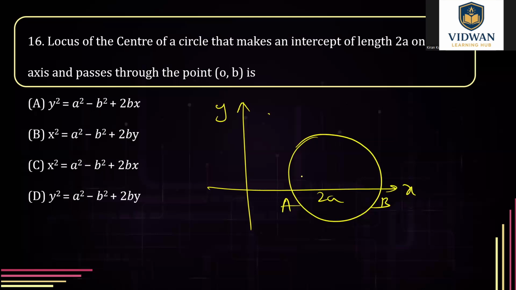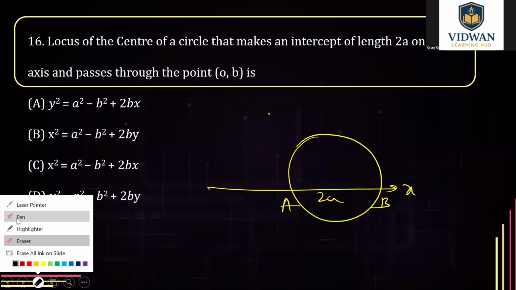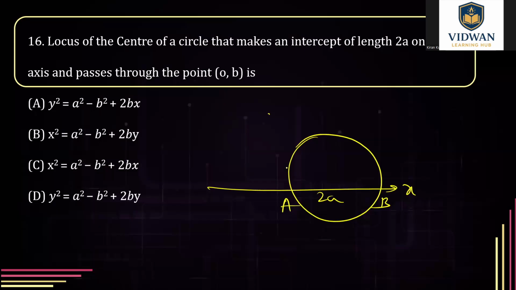Actually on the y-axis. So probably you can see that the circle also cuts the y-axis in that case. They didn't say it is touching at (0, b), so they mentioned it passes through (0, b). I'll not show the y-axis, but I'll just mention (0, b) somewhere here.